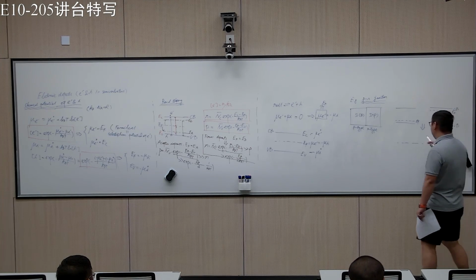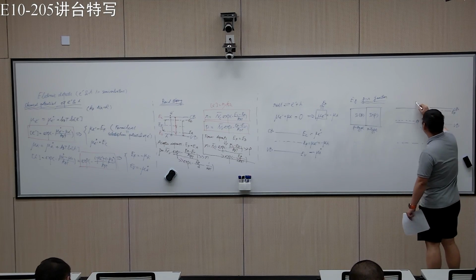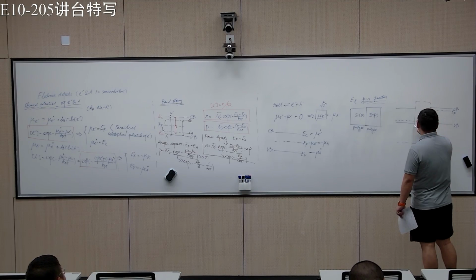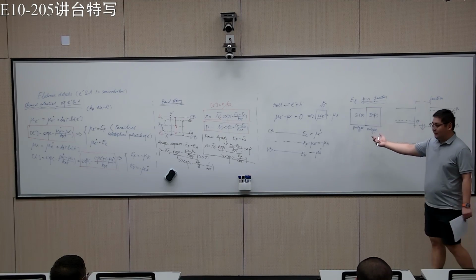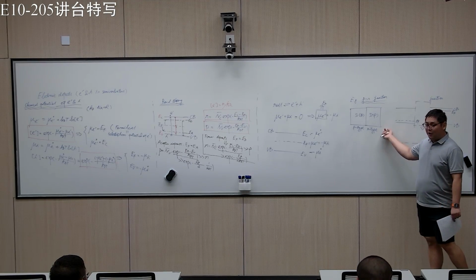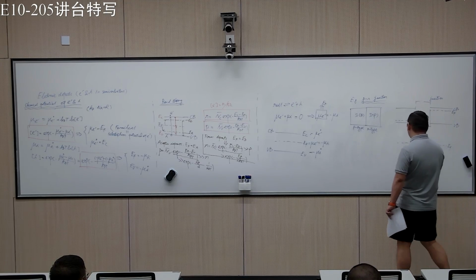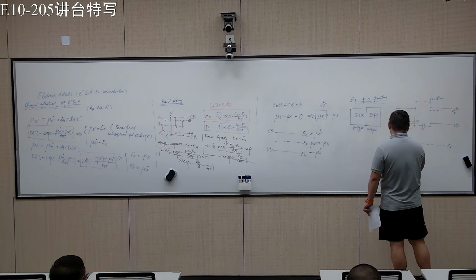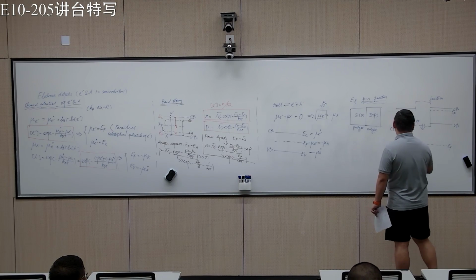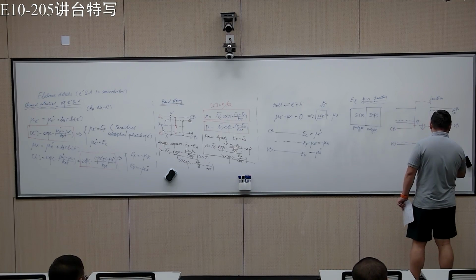So basically this is the junction equation. Let's imagine this junction. Far away from the junction, you still have valence band and conduction band here, and valence band and conduction band here.